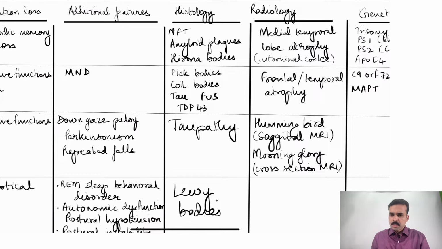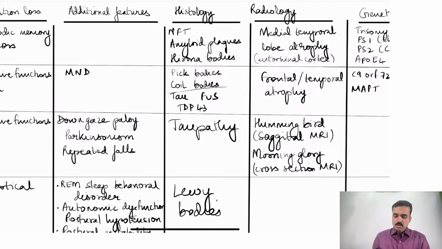Lecanemab, yes, very good. Lecanemab is the monoclonal antibody most recently approved for use in Alzheimer's disease. And apart from that, any other monoclonal antibodies you can use? Okay, the answer is aducanumab. Aducanumab is the other antibody.